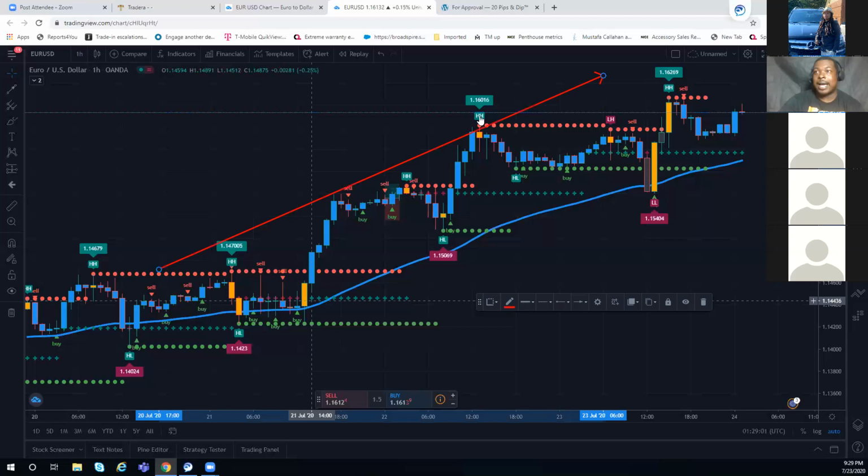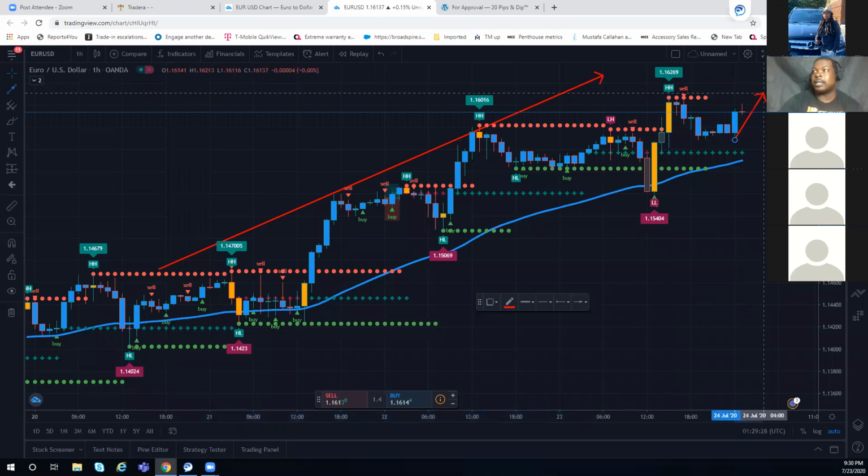We see a higher high because it's higher than this high, and another higher low or pullback because it's higher than the most recent one before that, right? And then we start to see what? A pattern. If I see a higher high, I'm going to see a higher low, and then guess what's going to happen? Higher high, higher low, and it's going to do what? Right, we're going to see that buy opportunity.